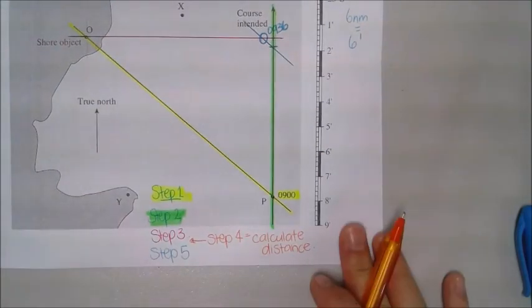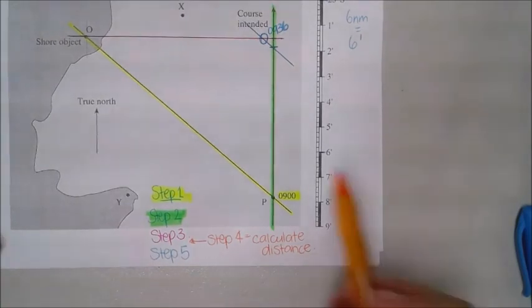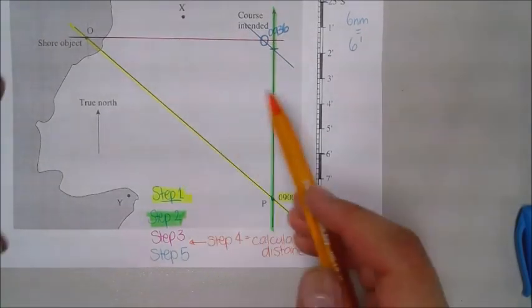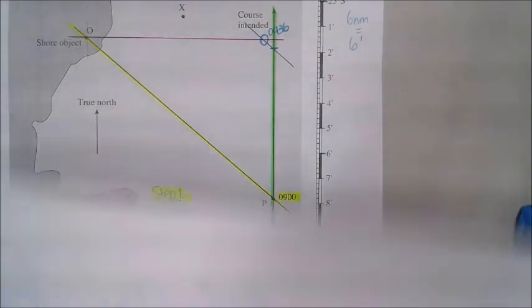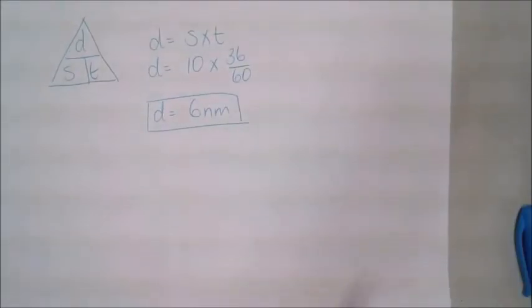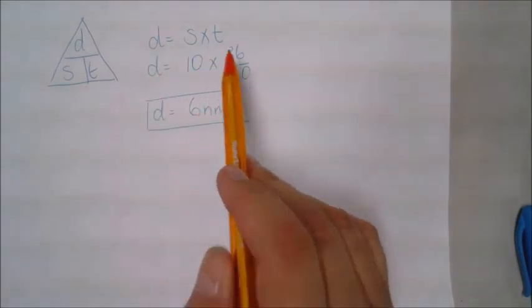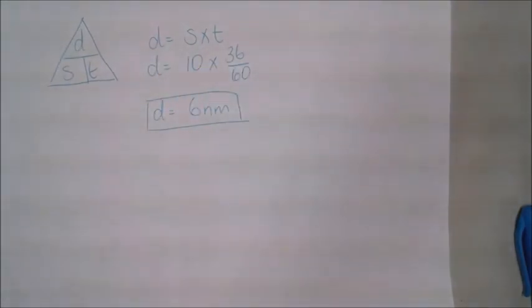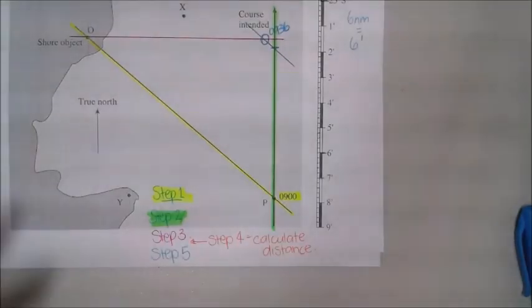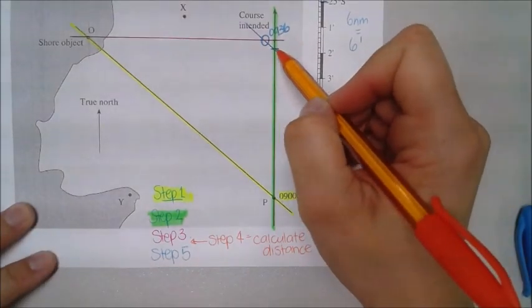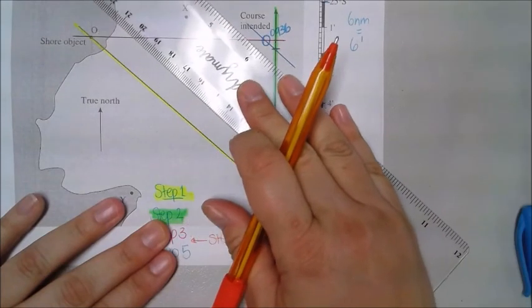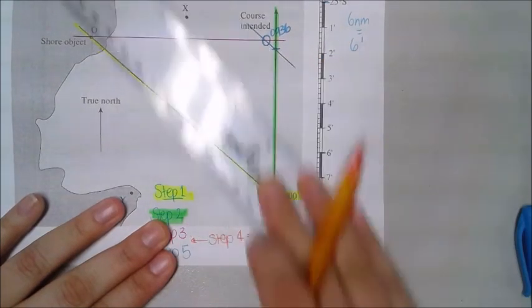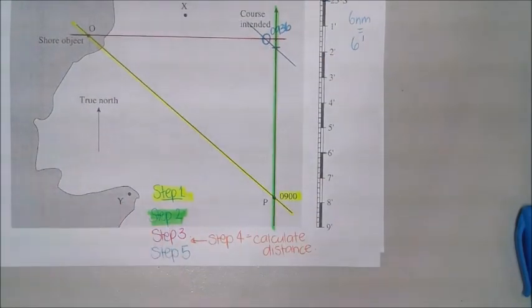Use the running fix method to fix the position. After we've done steps 1, 2, and 3, we calculated the distance using distance equals speed multiplied by time. Step 5, we marked it on, then used our ruler to measure up and find out where the line intersects. And that's how you do a running fix.